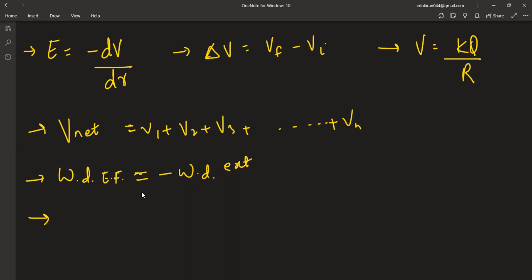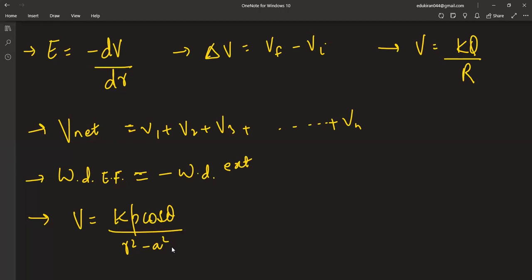One more thing, Shahid. What is the formula for potential due to a dipole in the generalized case? Kp cos theta by R square minus A square. No, only R square? No, R square minus A square, cos theta. I have not asked you to approximate it.